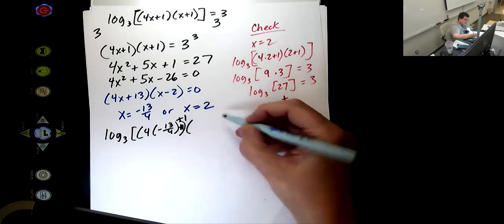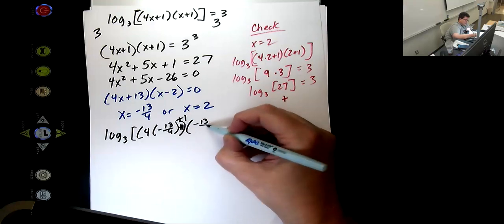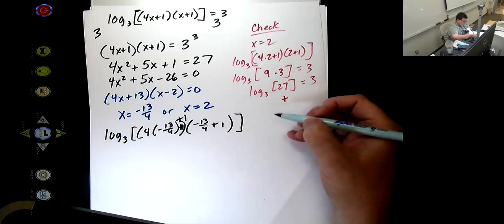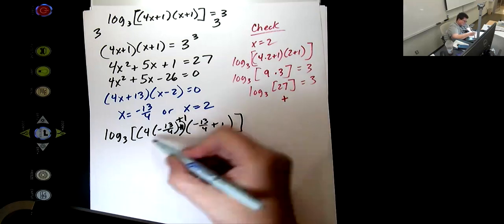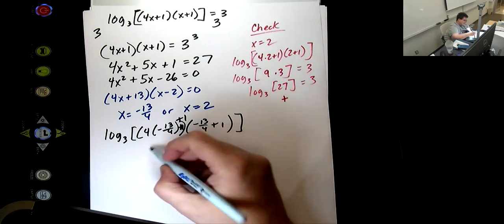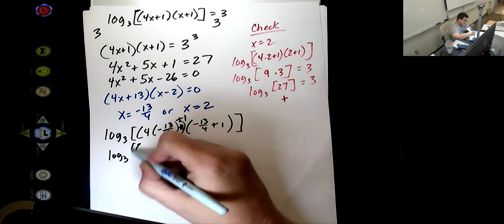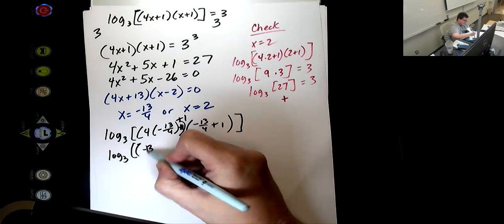Plus 1, and then negative 13 over 4 plus 1. So this ends up being log base 3 of negative 13 over 4 plus 1.